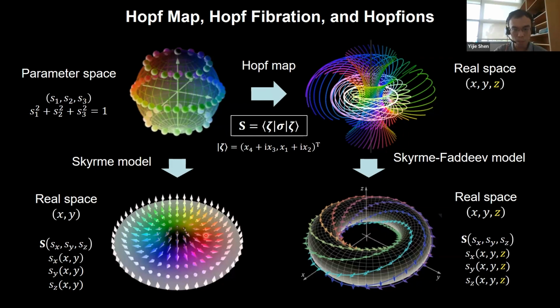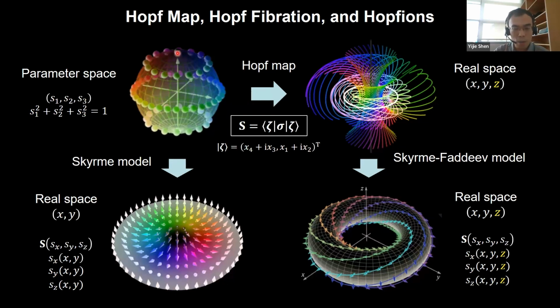However, the Hopf map is a higher dimensional mapping from 3D to 4D. So a point on the sphere no longer maps to a point, but to a fiber, a loop, a line in 3D space.